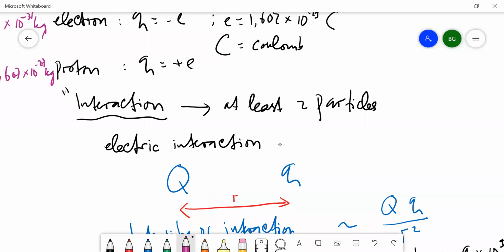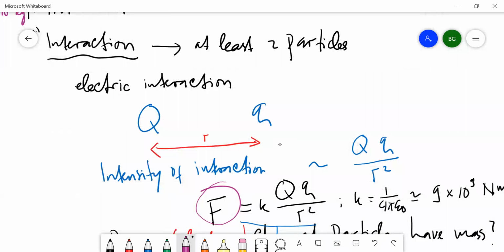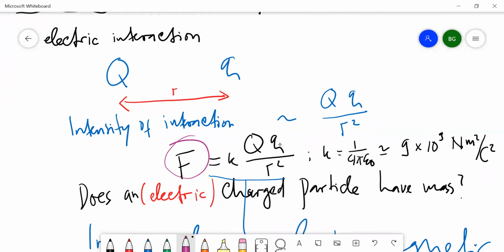Kemudian interaksi dua partikel ini, Q besar dengan Q kecil. Intinya hukum Coulomb mendefinisikan gaya yang terkait dengan interaksi dua muatan ini. Karena dikatakan gaya, dalam hukum Newton tentang gerak, gaya itu berkaitan dengan benda yang punya massa. F ini didefinisikan berasal dari hukum Newton tentang gerak.